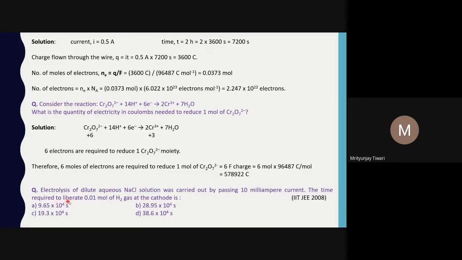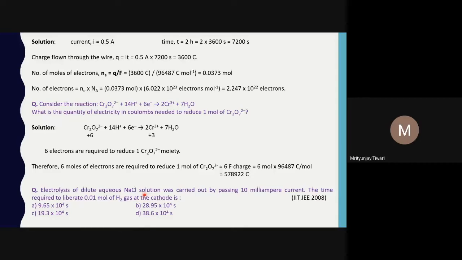So this we are going to do here. What is given? 0.01 mole of hydrogen gas is liberated at the cathode. How is hydrogen produced? Hydrogen is in the form of H+ ion. H+ ions move toward the cathode, because reduction happens at the cathode, which has negative polarity, so only cations are attracted.